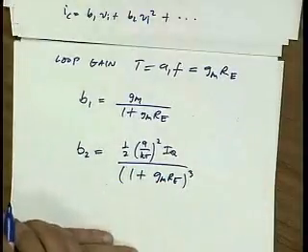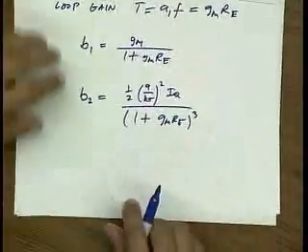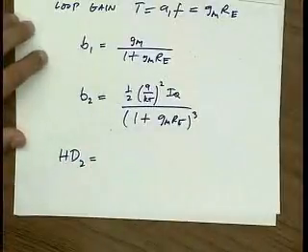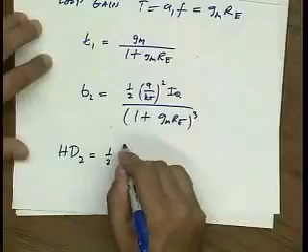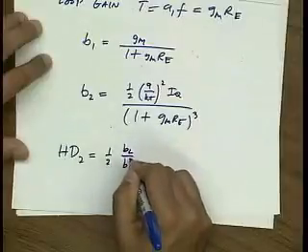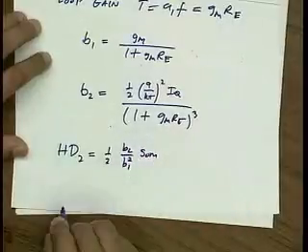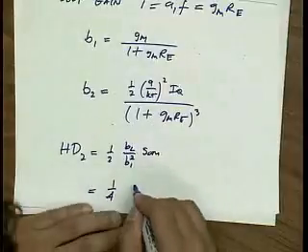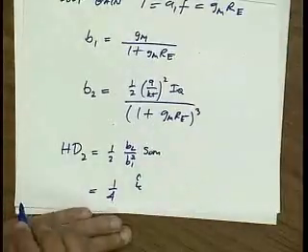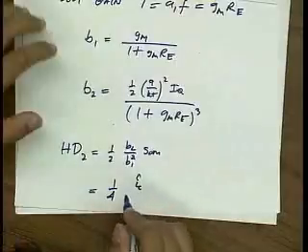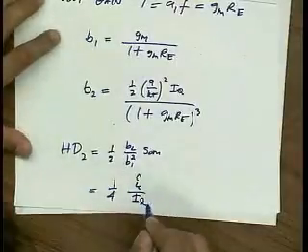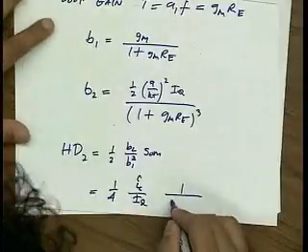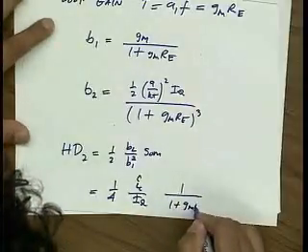Okay? So now I can calculate, for instance, directly the HD2 of this amplifier. And I get 1/4 signal swing at the output normalized to IQ divided by 1 plus GM-RE.